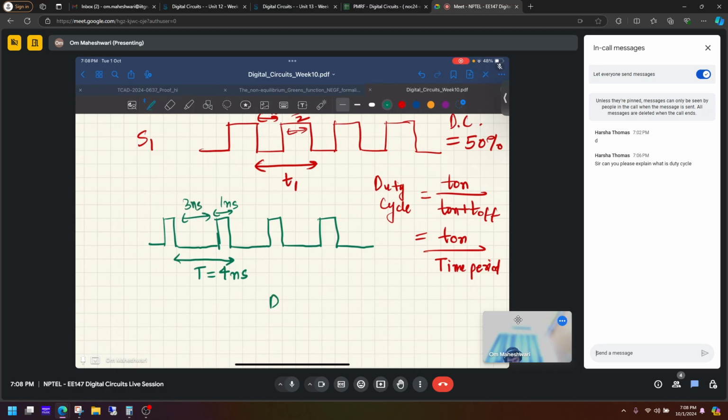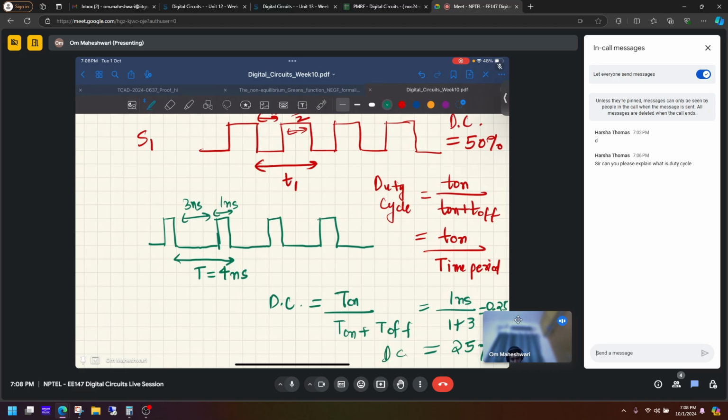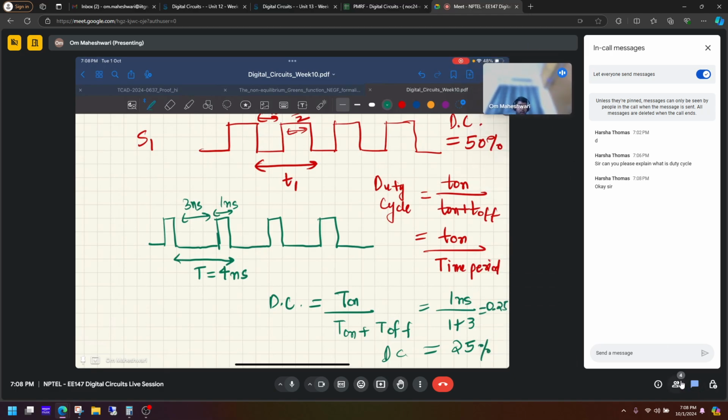So your duty cycle is T on by T on plus T off, which is 1 nanosecond by 1 plus 3, that is 25%, or it will be 0.25 actually. So duty cycle for this signal is 25%. Is it clear, Harsha? Okay. So duty cycle very simply just means T on by T on plus T off.